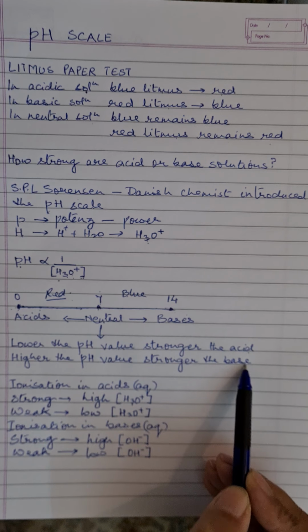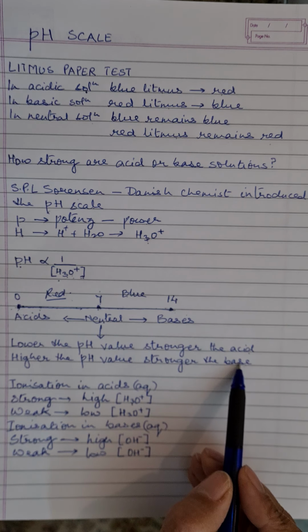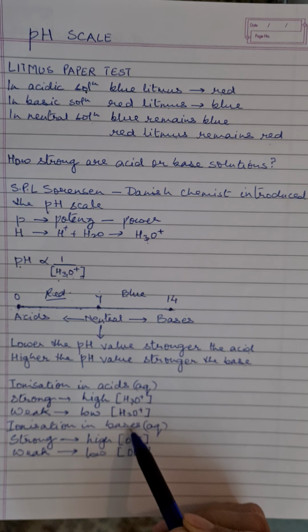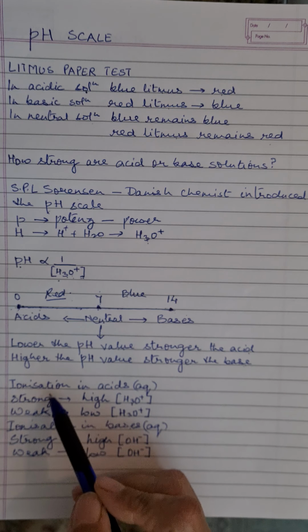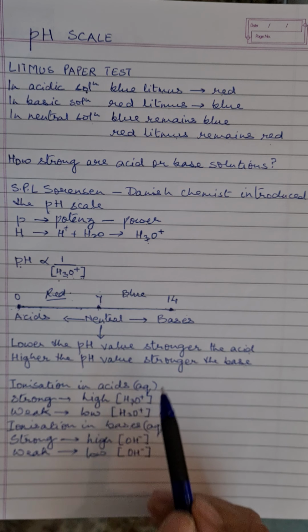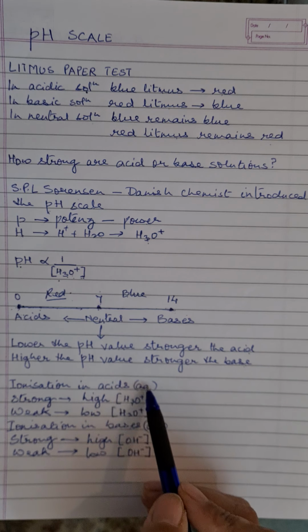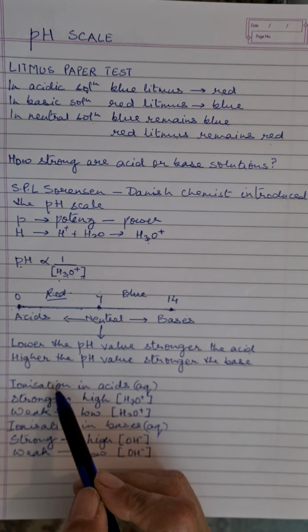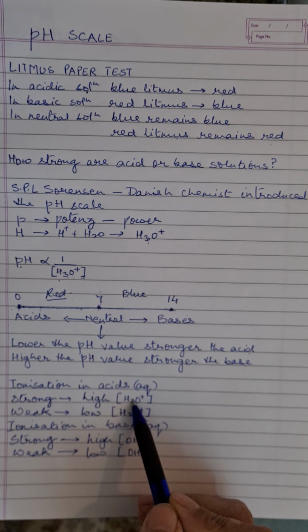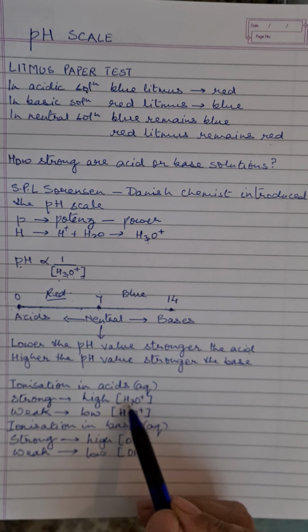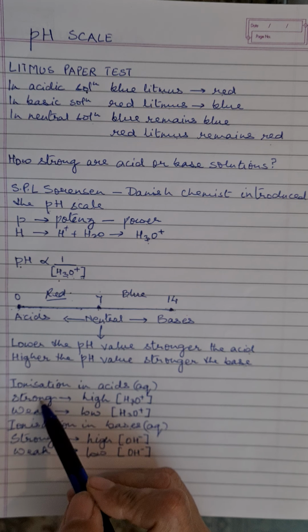Now, we've already studied that when an acid or a base is dissolved, it is going to ionize or dissociate. In case of acids, in an aqueous solution, that means when it's dissolved in water, if it completely dissociates or completely ionizes, producing a very large number of hydronium ions or a high concentration of hydronium ions, it is taken as a strong acid like HCl, H2SO4, HNO3.